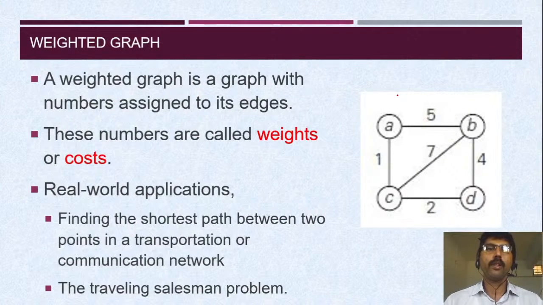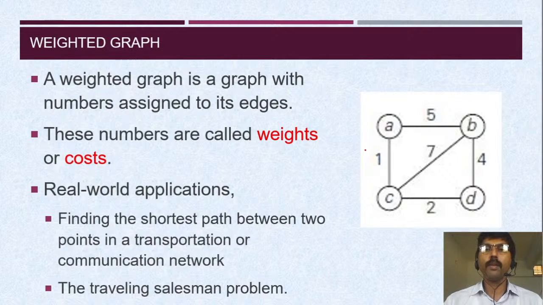Weighted graph. In a weighted graph, each edge is assigned some number. Sometimes these numbers are called weights as well as costs. Such graphs are used in many real-world applications, such as finding the shortest path between two points in a transportation or communication network.